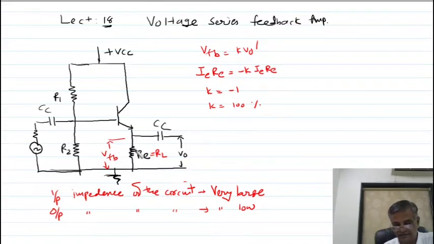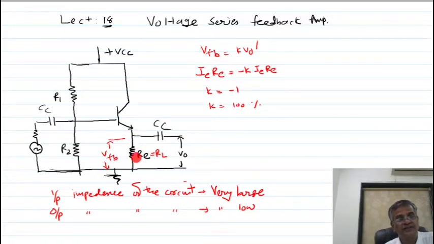Here the voltage developed across RE is feedback to the input, and this feedback depends upon the output voltage. In a common collector amplifier circuit, the voltage is taken from the emitter lead, and this is also known as an emitter follower circuit.